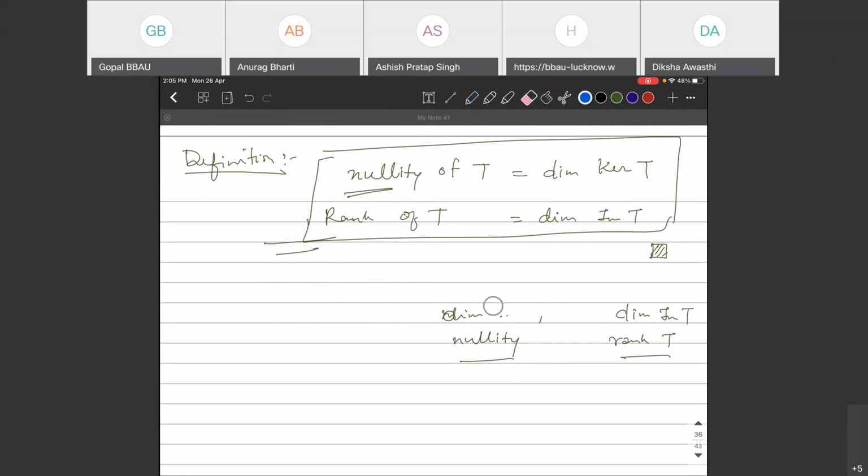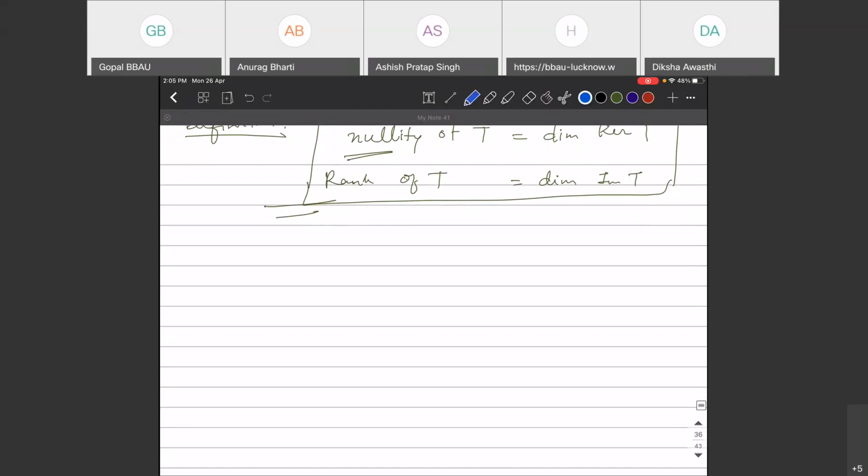So let us see some examples. Suppose we are taking the vector space R2 and a linear transformation from R2 to R2 which maps the vector (x, y) to the vector (x plus y, x minus y).